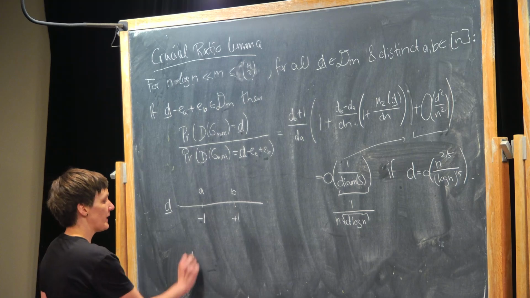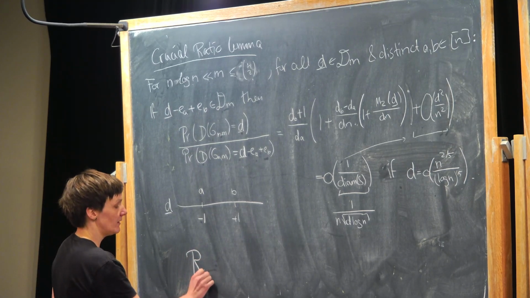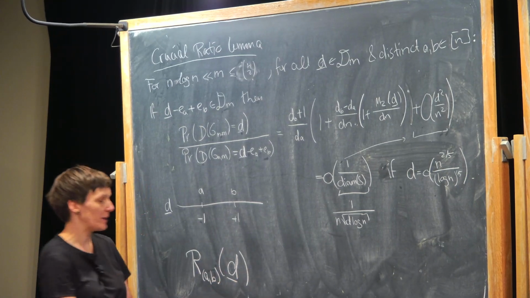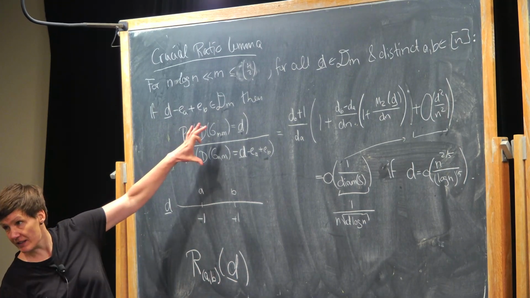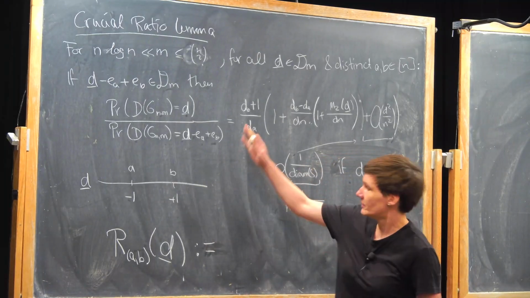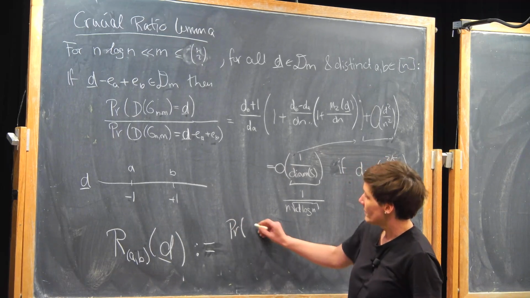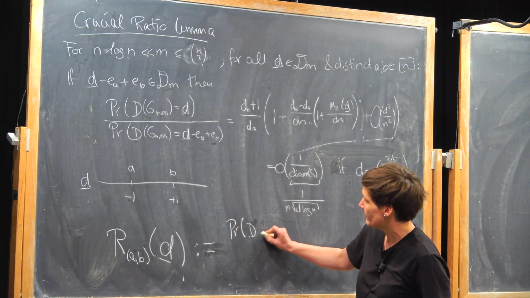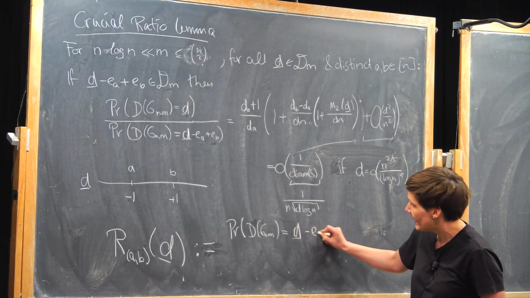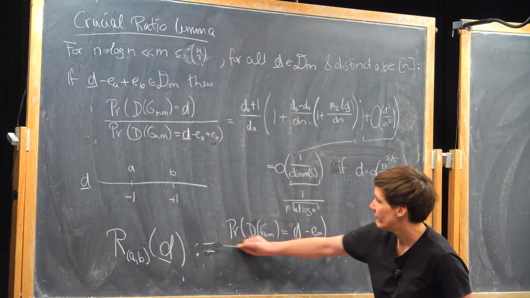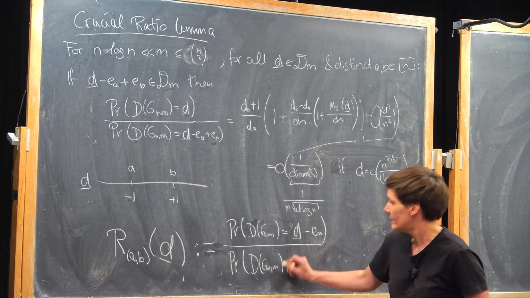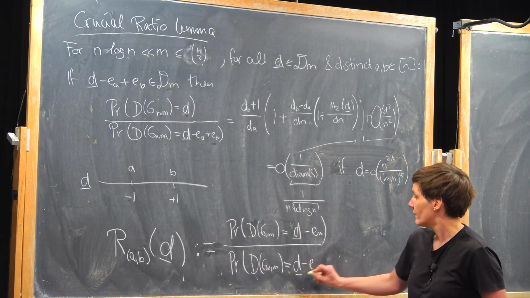And what I will define first is an R_AB of D, and it might seem slightly counterintuitive, but I want to give it one argument, and I want to say that it's of this form. So this we will define to be the probability that the degree sequence of G(n,m) is equal to D minus EA, divided by the probability that the degree sequence is D minus EB.